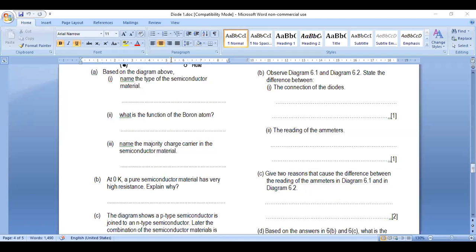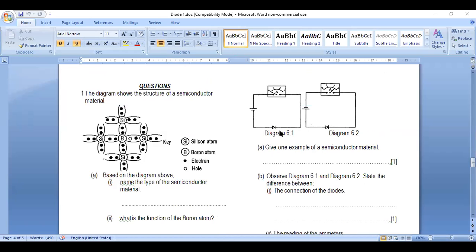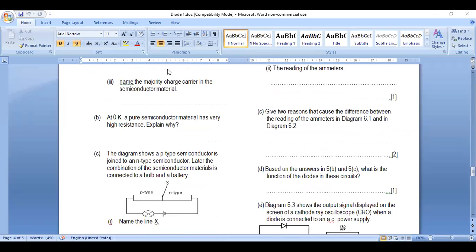Okay, next. Give two reasons that cause the difference. That means why here got no reading, why here got reading. So you just say, when forward bias, current flow through diode.